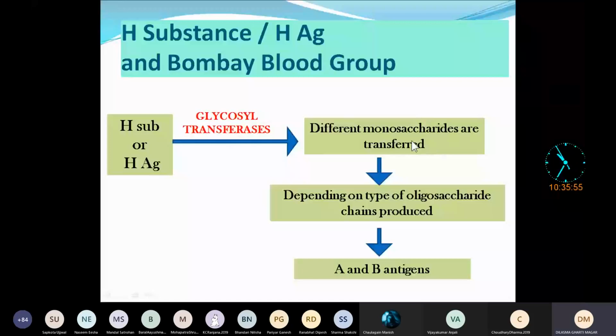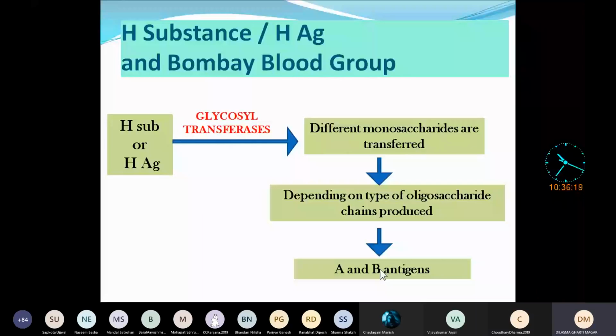It will go through different steps, and depending upon the type of oligosaccharide chain produced, the antigens A and B will be produced. Understood here? So I told you, the H substance or H antigen is the precursor of the antigen A and the antigen B, isn't it?